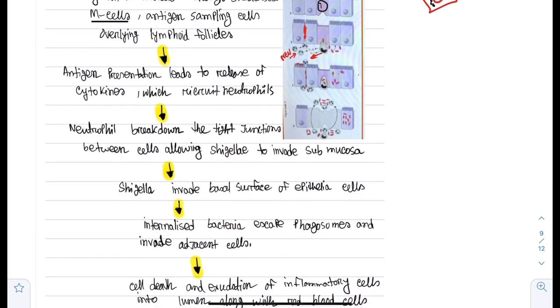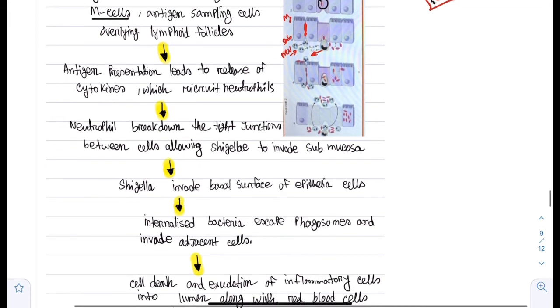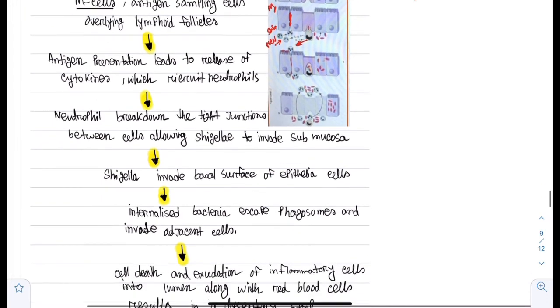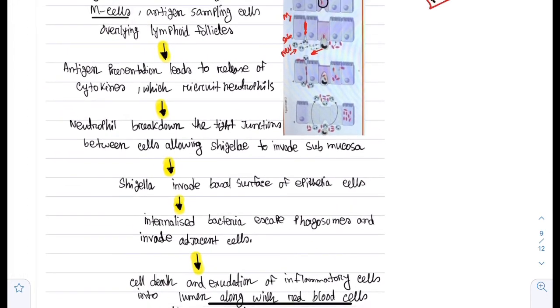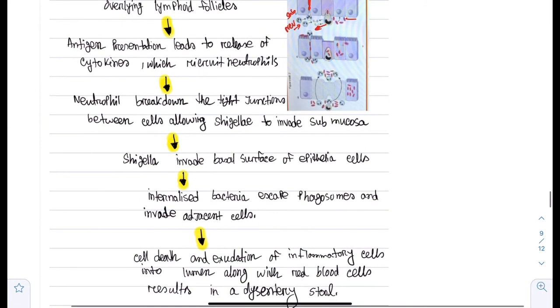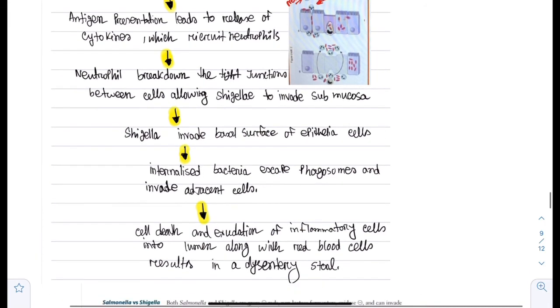So we know this is the mucosal part of the cell, and there is the submucosal part where we have connective tissues or peripheral nerves or nerve tissue bundles, and then these Shigella are invading the basal cells here, because those neutrophils already attacked the cell junction, so there is more scope for the bacteria to go inside other cells and destroy the host cell.